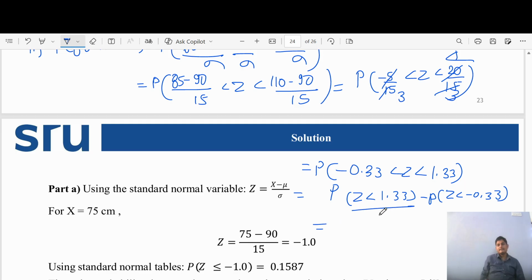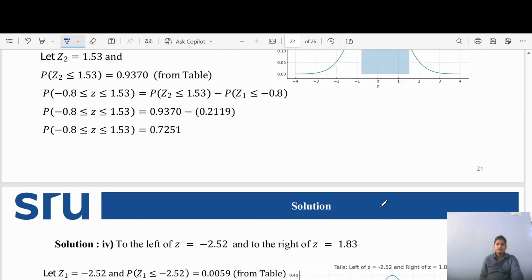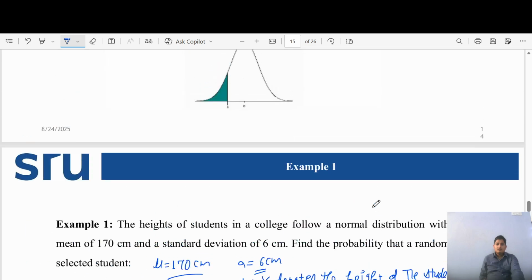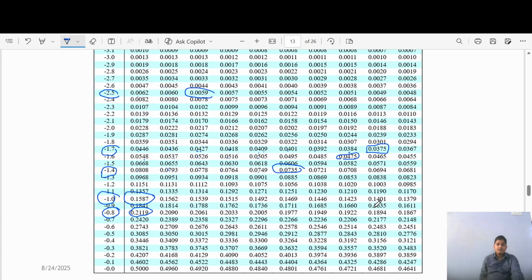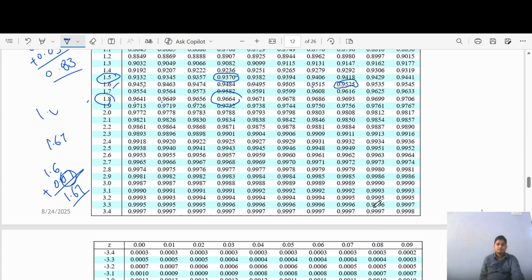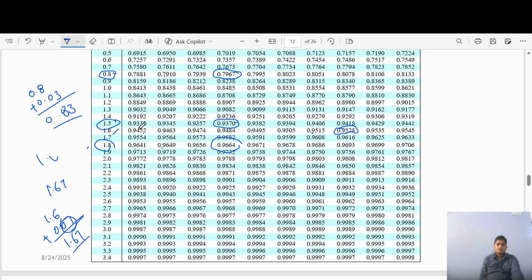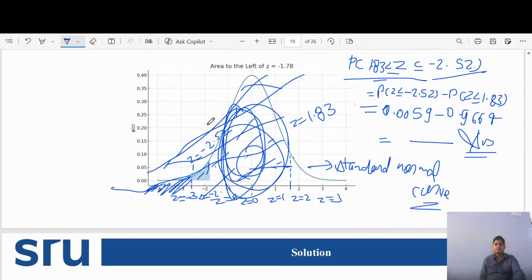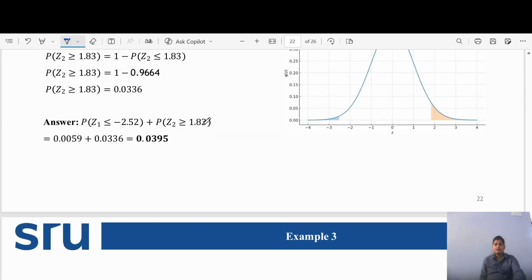So we write this 1.33. So how do we write 1.33? 1.33 means this 0, 1, 2, 3, 0.9082.